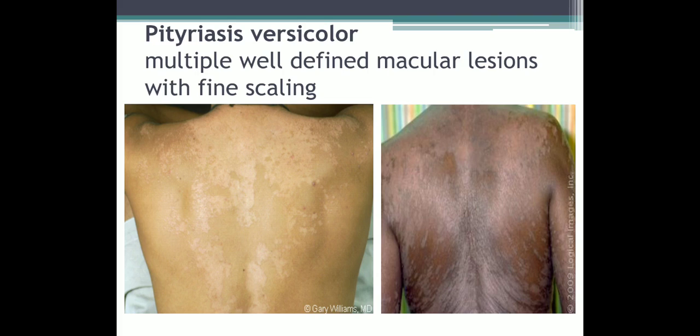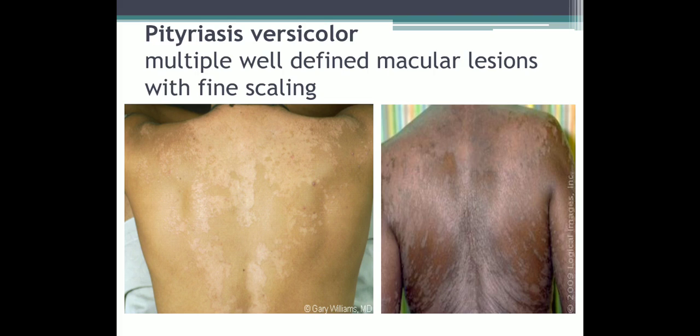They are usually non-pruritic in nature. The lesions can be from hypo to hyperpigmented patches, and they are predominantly located on the exposed part of the body, like your neck, face, upper part of trunk, and upper arms.